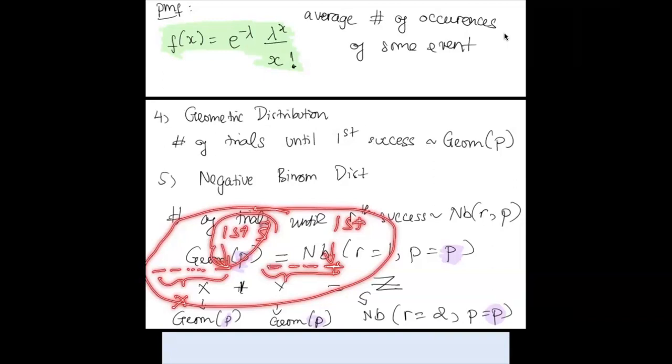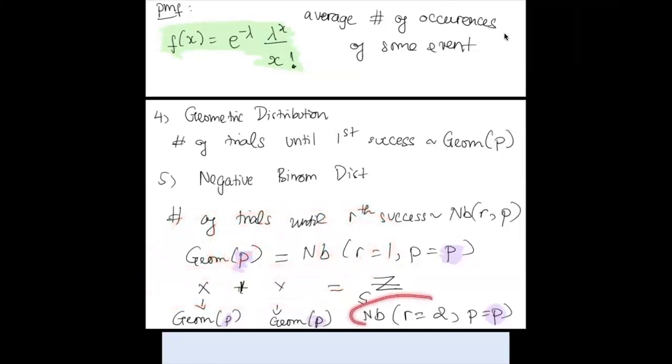And then here, all of them are failure until this is the first success in the Y. But then if you append them together, this would be considered as the second success. Then in total, X plus Y is the total number of trials until we get 2 successes, where probability of success in each trial is p. So that's why it follows a negative binomial distribution with these parameters.